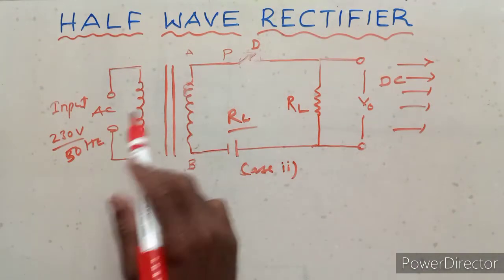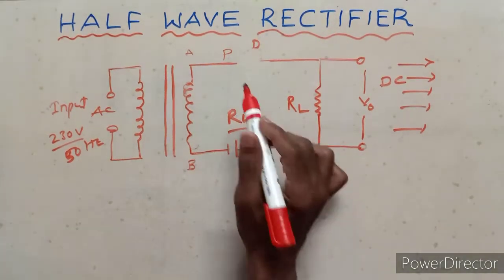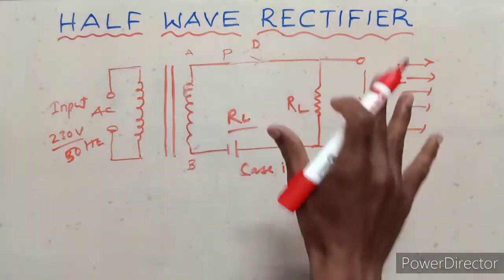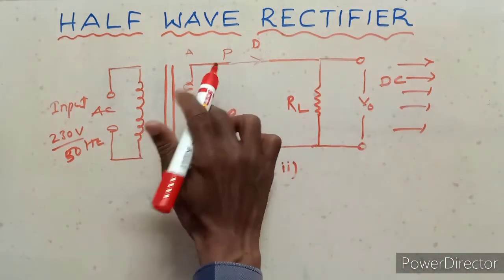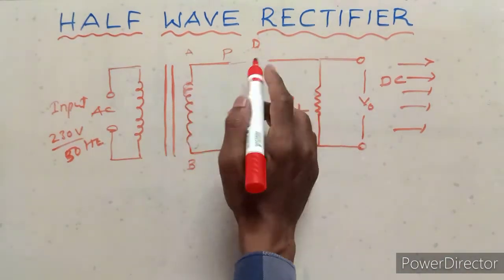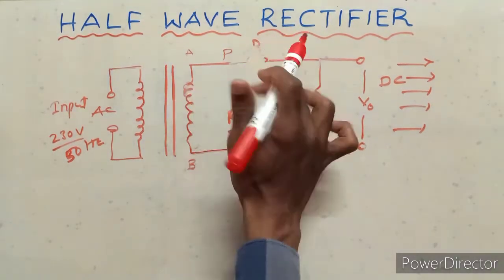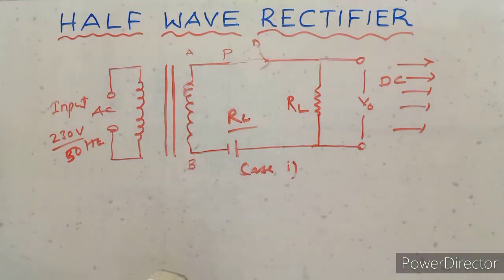So current will not flow. And the case 1, closed switch. So current flows. Current will not flow in case 2. This is the case 1. Okay.